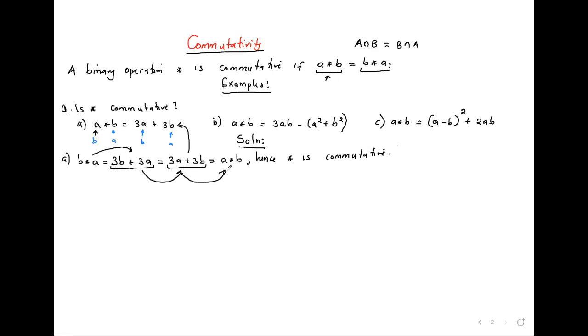Okay, let's go to B. We already have a star b, so go straight to b star a. b star a is going to be 3ba minus b squared plus a squared.